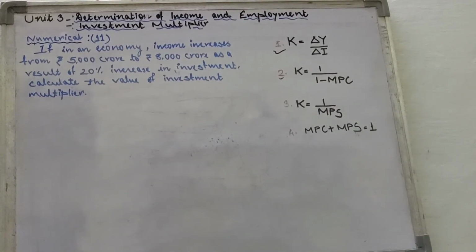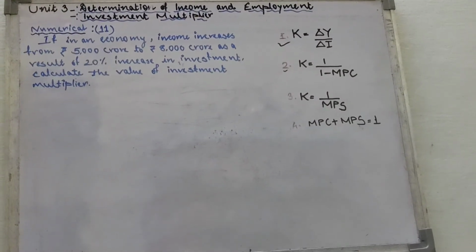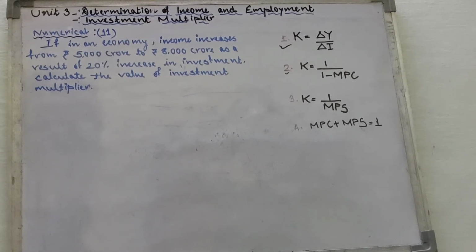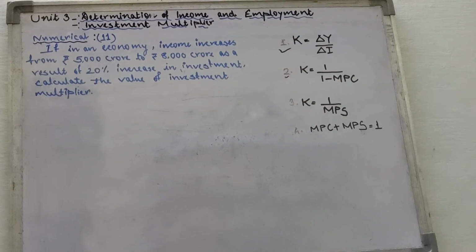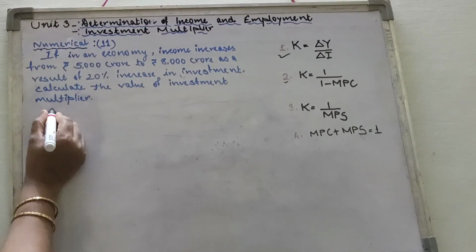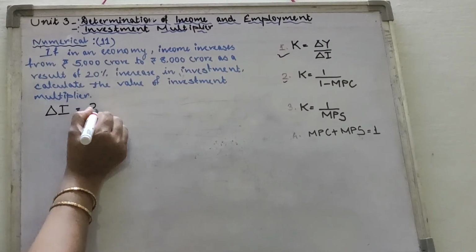Question number 11. What is given here? If in an economy income is increased from rupees 5,000 to 8,000, as a result there is a 20% increase in investment. So how much is the change in the investment? Change in the investment is 20%.